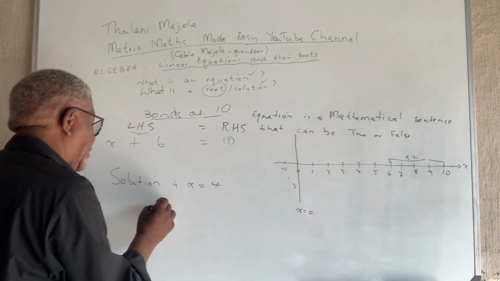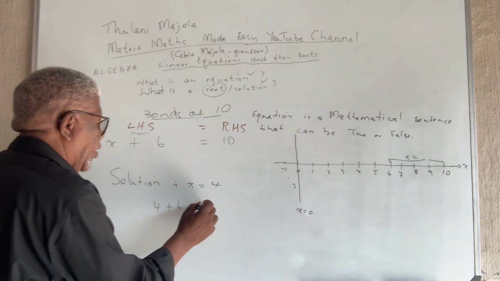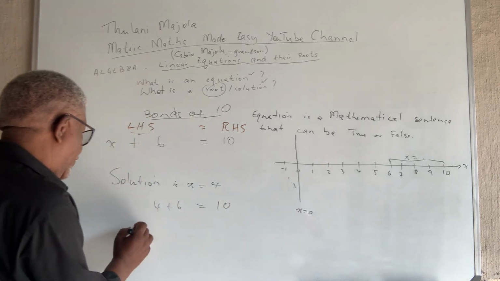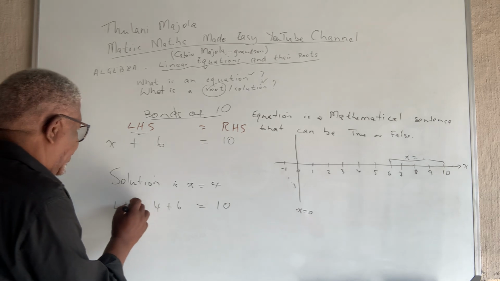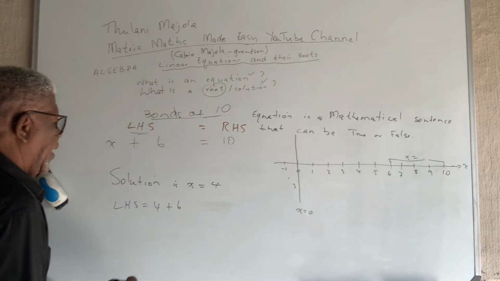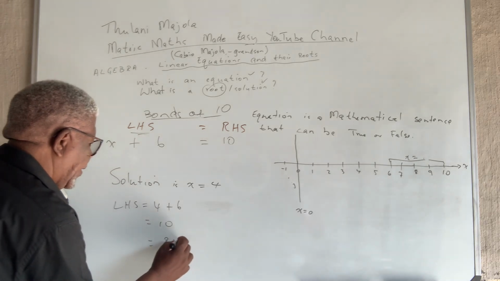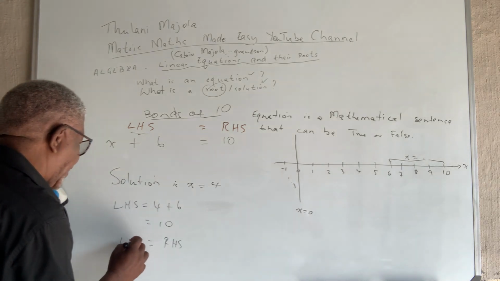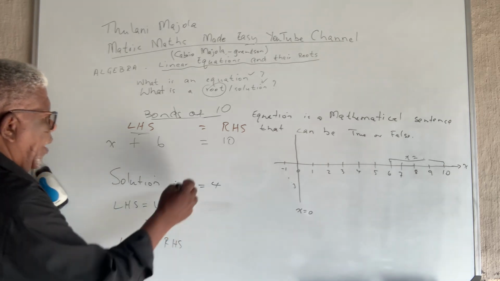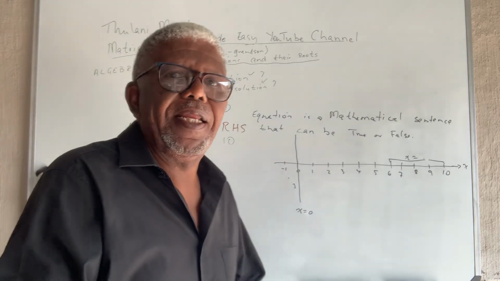Because when x is 4, the left hand side equals 4 plus 6, which is equal to 10, which is equal to your right hand side. Therefore, the left hand side equals the right hand side, and x equals 4 is actually our solution.